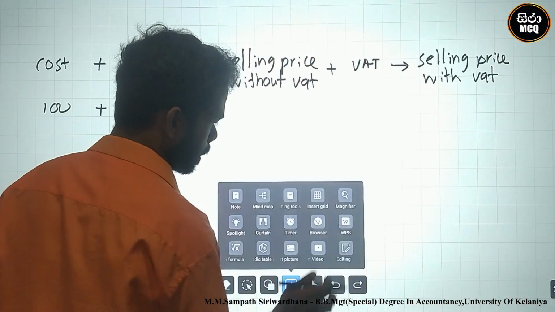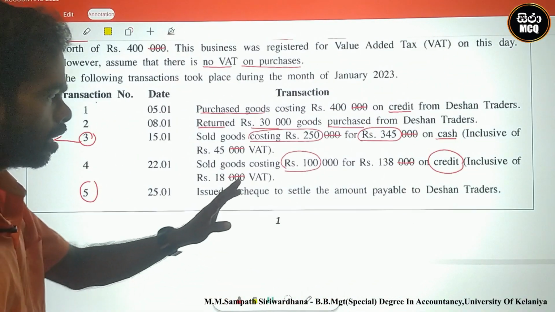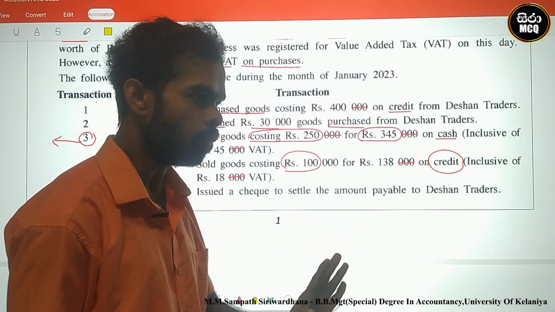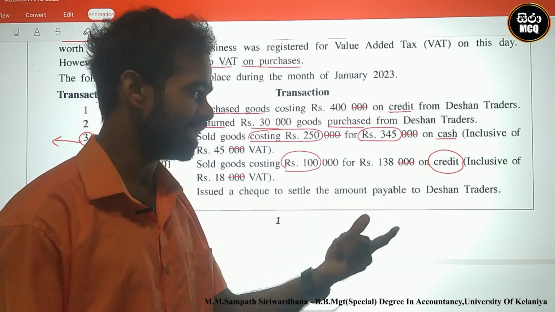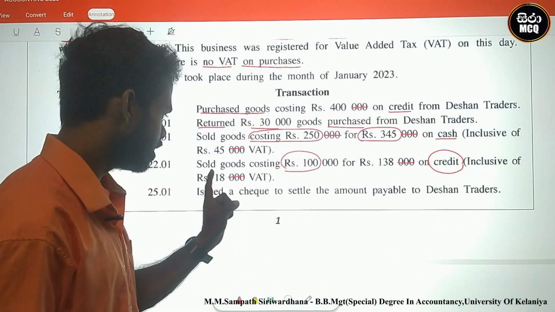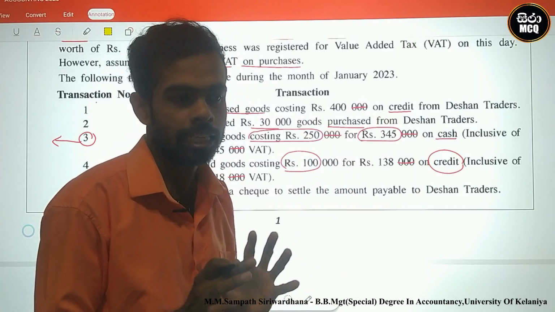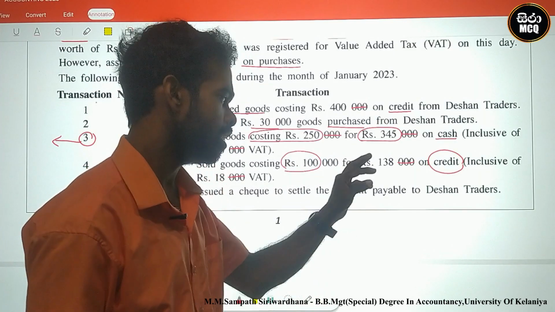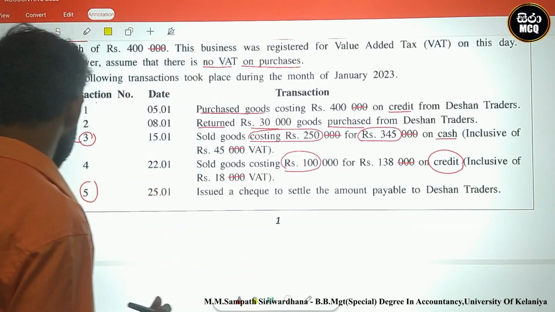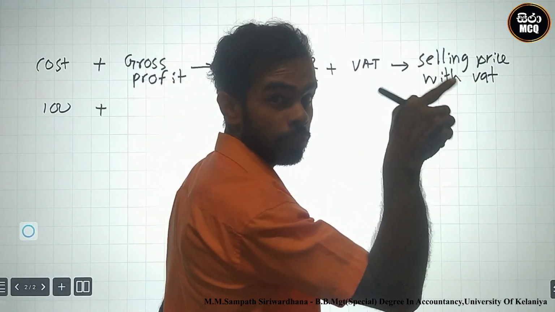The next one is 100 for 138. This is the selling price, credit inclusive of 18,000 VAT. Inclusive means this 138 included VAT. Therefore, the selling price included VAT. 138 is the selling price with VAT.